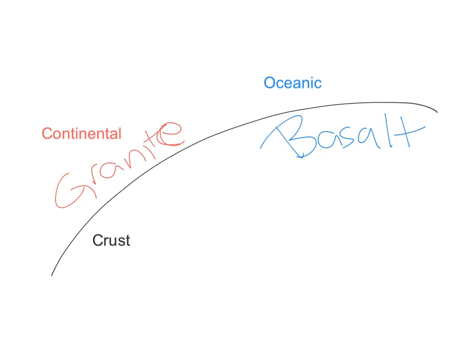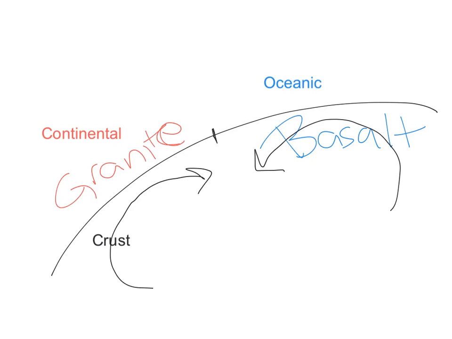What that means is if you have a collision between the two crusts, meaning that they crash against each other, because the convection currents are pushing the plates towards each other. Let's say there's a plate tectonic boundary between the two, they're not connected.